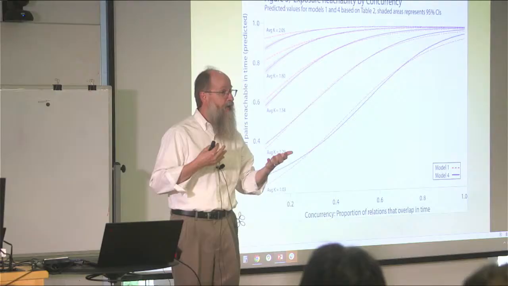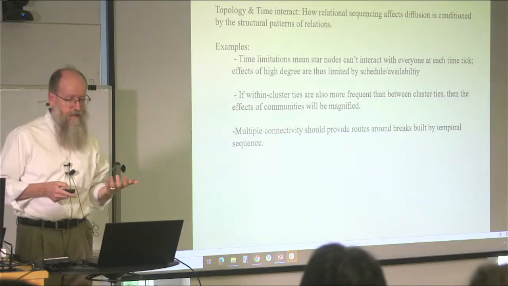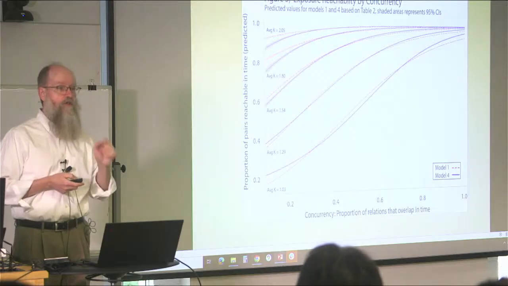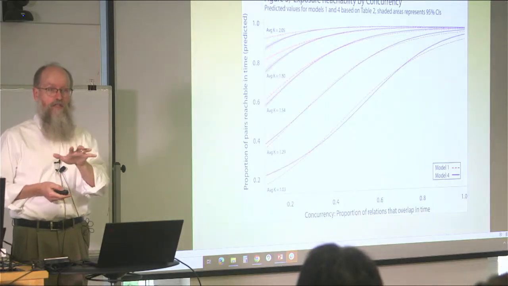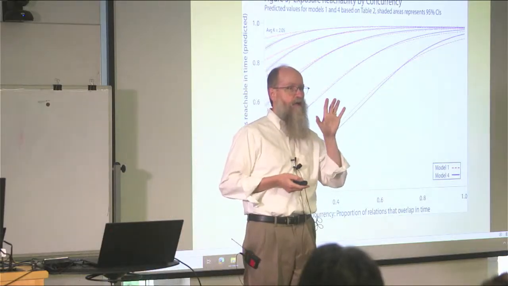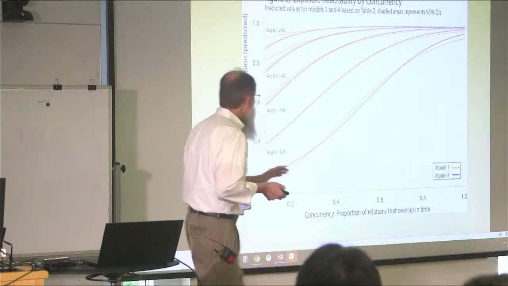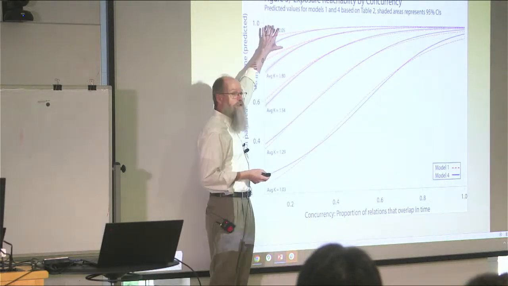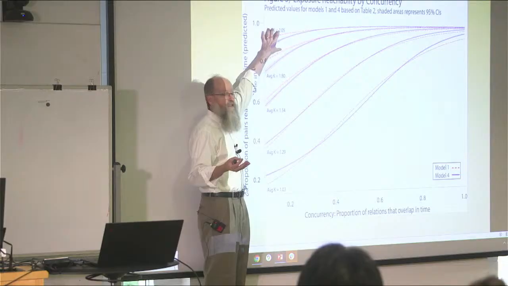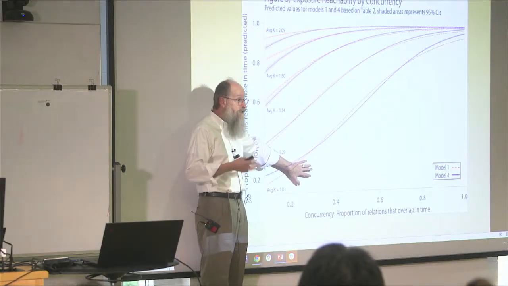And by doing that, you end up being able to resolve this debate by noting that we shouldn't see an empirical correlation at the level of the country or the level of the network between concurrency and disease size. Because some countries are going to have lots of local loops and concurrency is going to be irrelevant. Some countries are going to have other sorts of sparser structures in which concurrency is really going to matter.